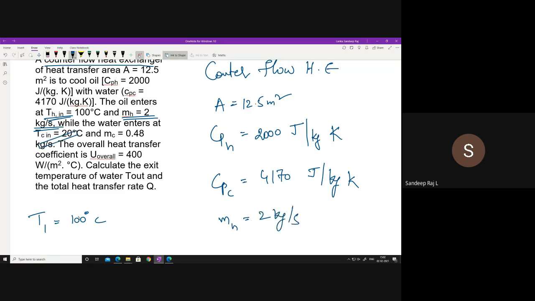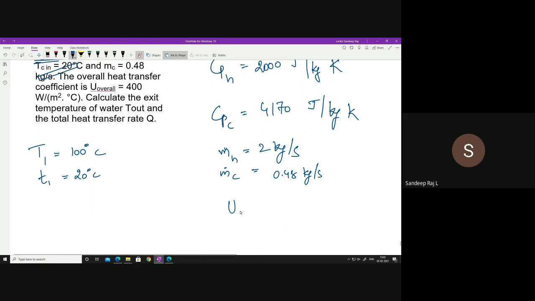Also, TC in is given. TC in means small T1, that is 20 degrees centigrade. Also, MC is given, it is 0.48 kg per second. U also is given in the question. U is 400 watt per meter square Kelvin. Degree centigrade or Kelvin is the same.